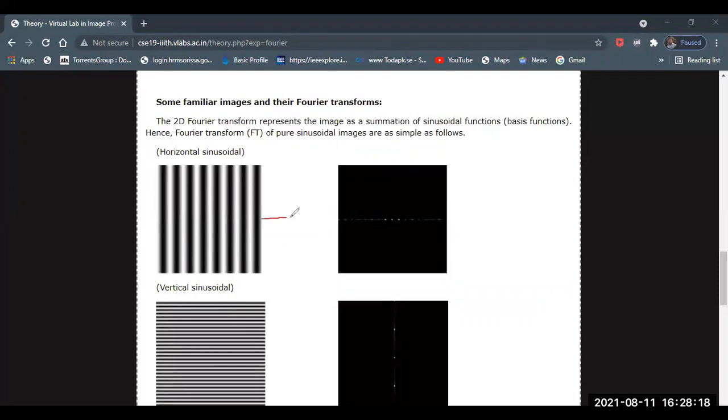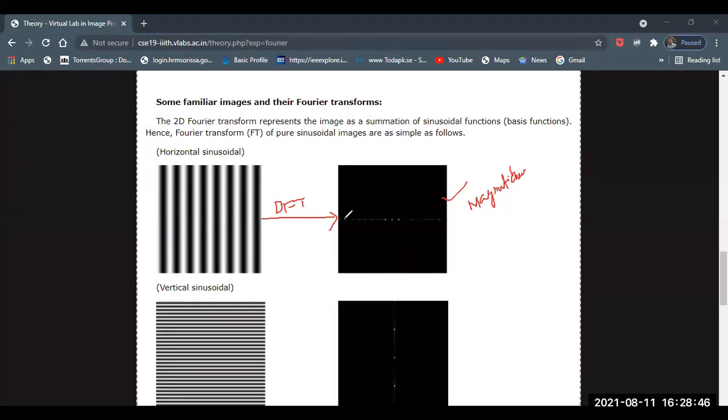When I perform the DFT over it, you will get an image like this, which is basically your magnitude spectrum. You can see here the horizontal line bars are converted to a single dotted line.